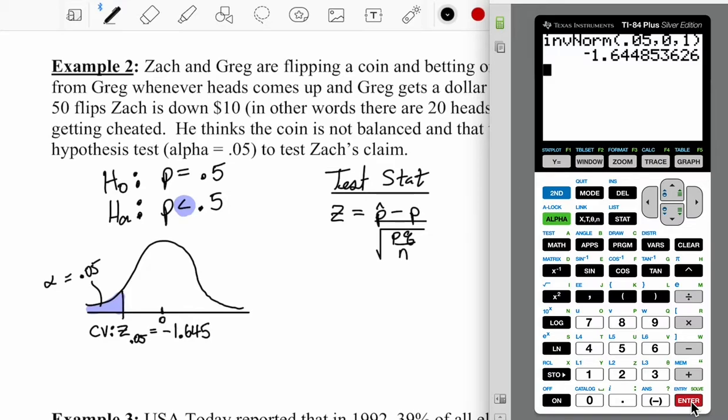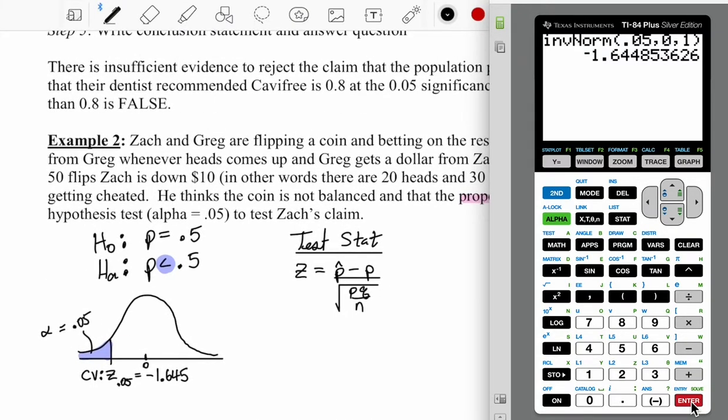That's part of the confidence interval formula. And actually, when you really think about it, we're doing a lot of stuff that we would do for a confidence interval, just in a different order. The confidence interval formula, I'll just jot it down here, was p hat plus or minus E, which was z alpha over 2 times the square root of p q over n, possibly with or without hats.